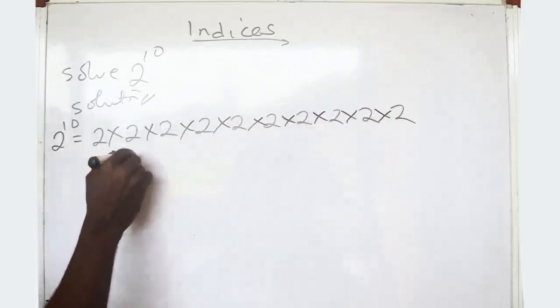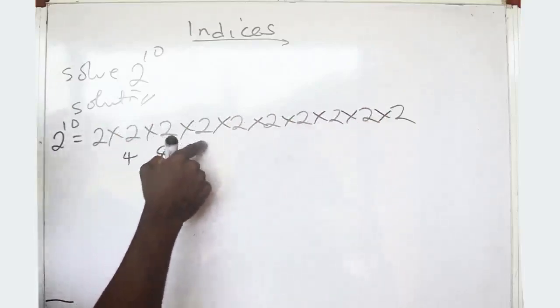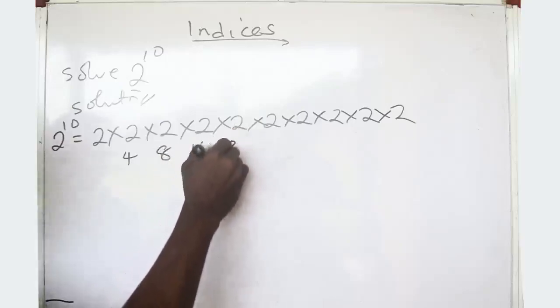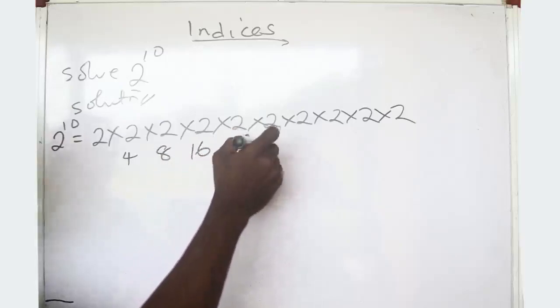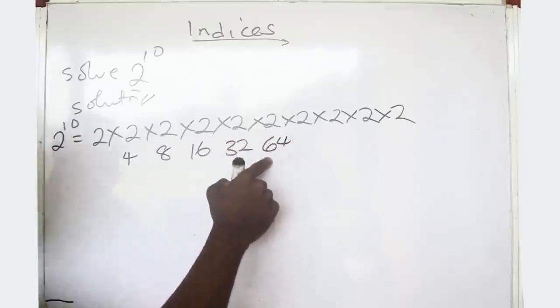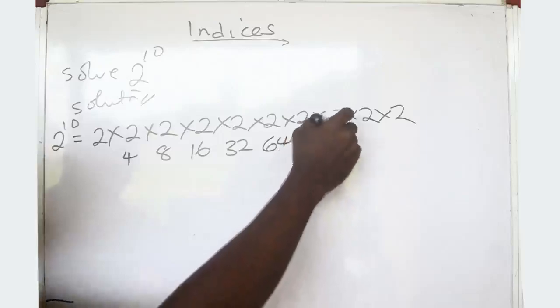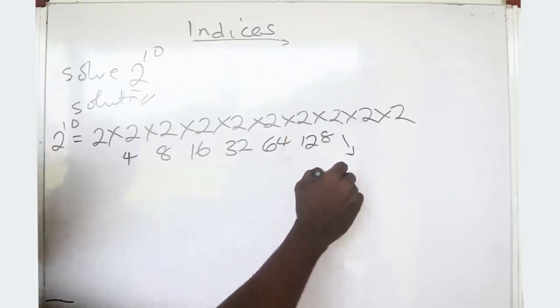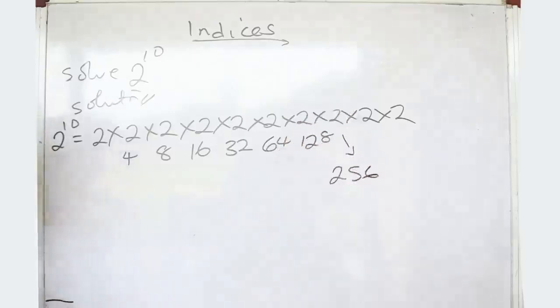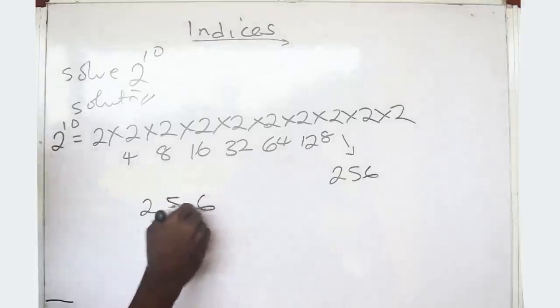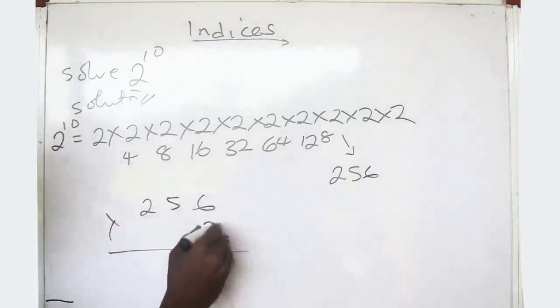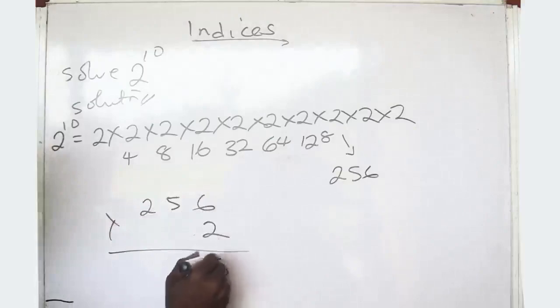So 2 times 2 is 4, 4 times 2 is 8, 8 times 2 is 16, 16 times 2 is 32, 32 times 2 is 64, 64 times 2 is 128, 128 times 2 will give us 256, and 256 multiplied by 2, this is 12, forgive me.